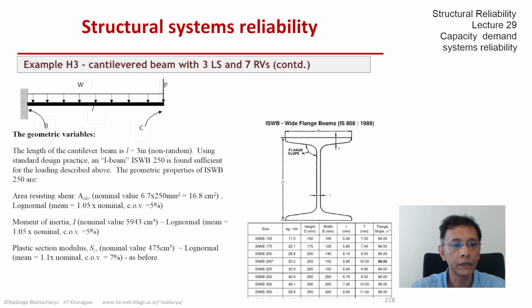Likewise, the moment of inertia, which is almost 6,000 centimeters to the power 4, is also considered to be log normal, which is a common assumption, with again a bias of 1.05 and a small COV of 5%. The plastic section modulus has a nominal value of 475 cubic centimeters, and the bias is 1.1 here, and the COV is a little larger at 7%.